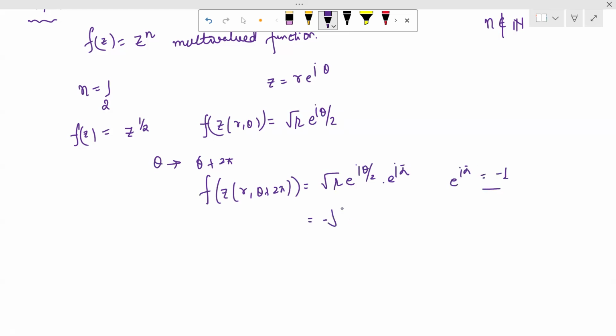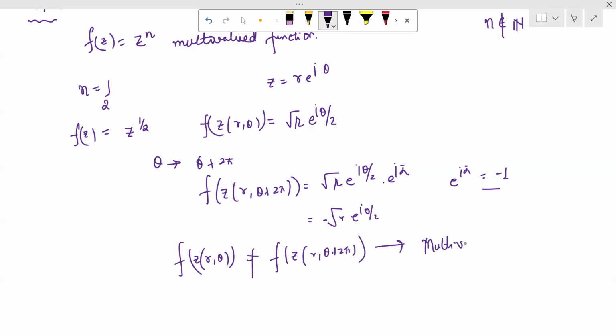So it will be equal to minus root r e^(iota θ/2). So clearly, f(z) at (r, θ) is not equal to f(z) at (r, θ + 2π). So by definition, this is a multi-valued function.